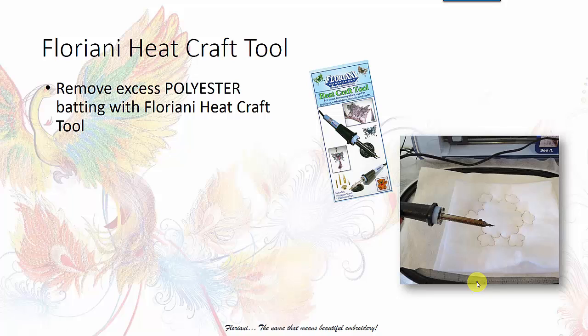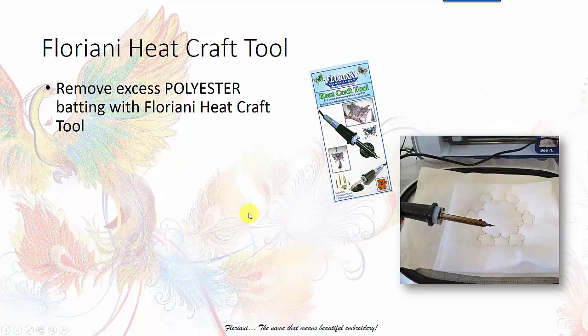And if you don't put a piece of batting underneath there, you'll probably burn through your nylon no-show mesh. Ask me how I did that, because I was trying to do the block without the batting in it, and I burned through the first nylon no-show mesh. So you need to have that batting in there, and be very careful when you trim. You don't want to burn your nylon no-show mesh because then you get to start all over again.